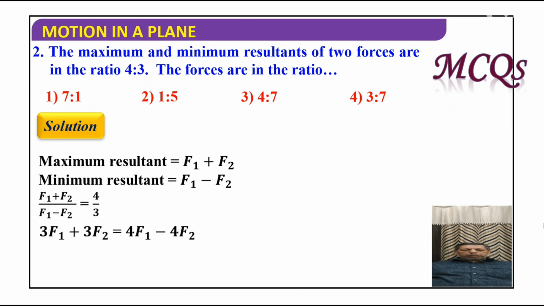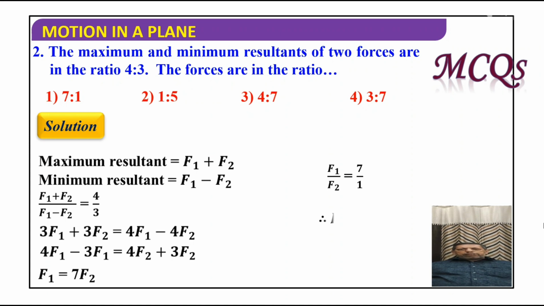Cross multiply, 3F1 plus 3F2 is equal to 4F1 minus 4F2, this becomes 4F1 minus 3F1 is equal to 4F2 plus 3F2, means F1 is equal to 7 times F2, means F1 upon F2 is equal to 7/1, 7:1, means first is the correct answer.